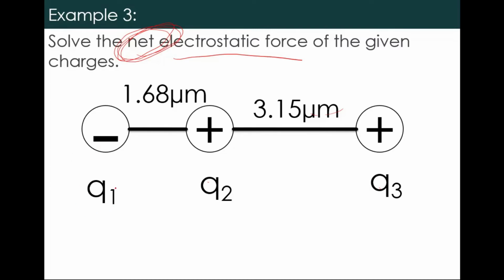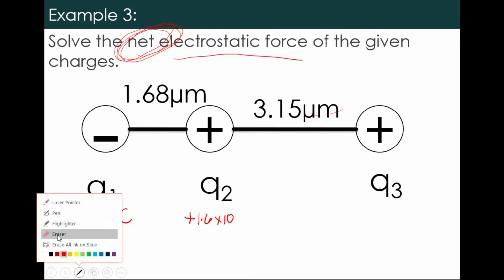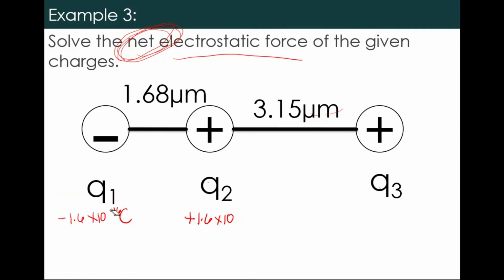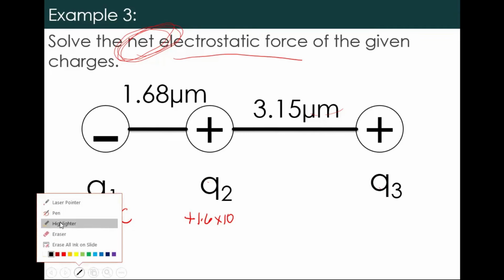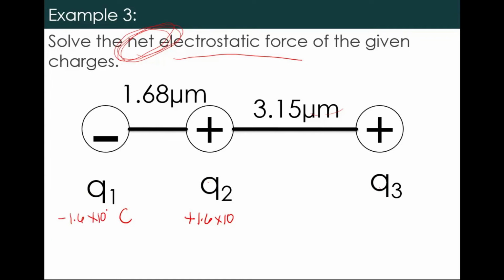So since Q1 is negative, that is negative 1.6 times 10 to negative 19 coulomb. And for Q2, since it is positive, positive 1.6 times 10 to negative 19 coulomb.